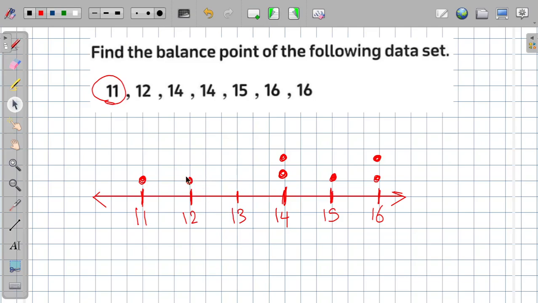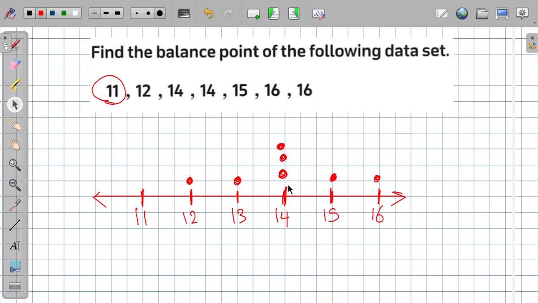So first, let's move this point to 12. So I did one move. Let's do one move right here. So I have this point to 15. Next, I will move again. So I have this point to 13 and this point to 14.